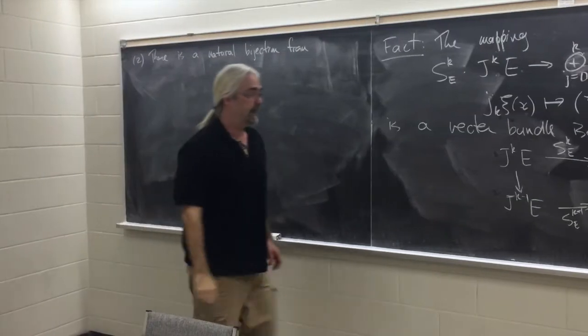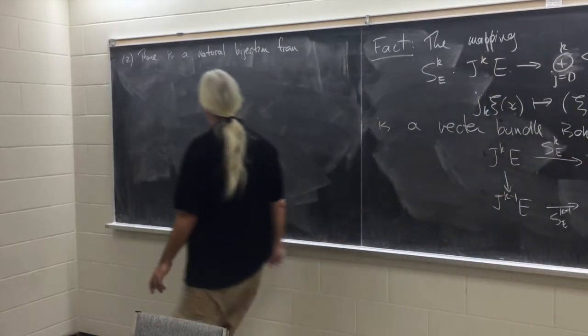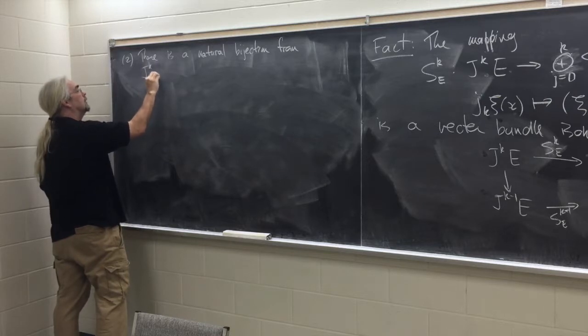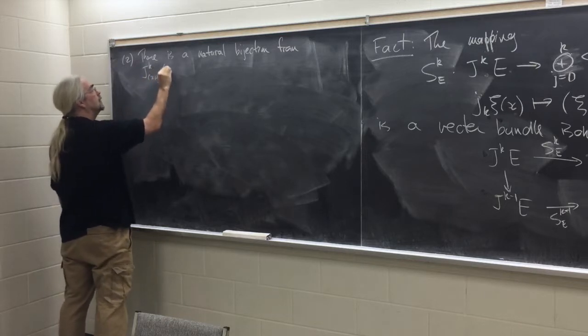all right, so we're going to look at k-jets of mappings from M to N. Okay, so it's going to be a bijection from one of these jet spaces at x and y. So these are jets of mappings from x to y.